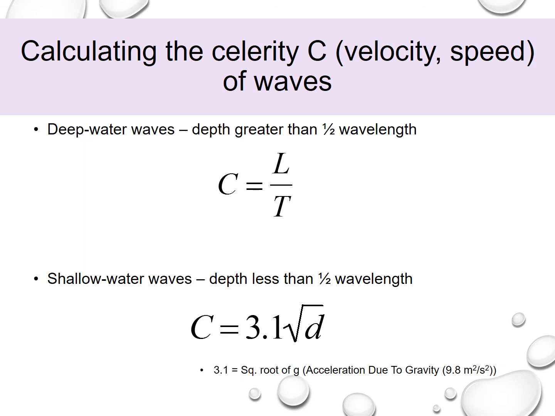So the celerity equals 3.1 times the square root of the depth. You can see that the wavelength no longer is in the equation. As soon as a wave is a shallow water wave, the speed is automatically determined by the depth of the ocean, by d.